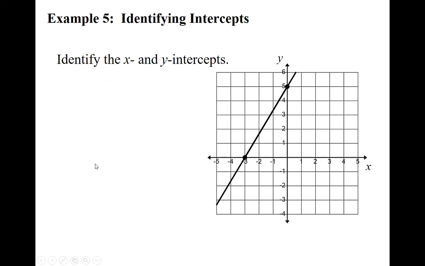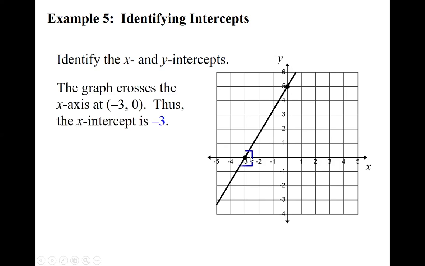Let's find the x and y intercepts of this graph. Where do we cross the x-axis? We cross the x-axis at x equals -3. Y is 0. The point -3, 0 is the x-intercept.